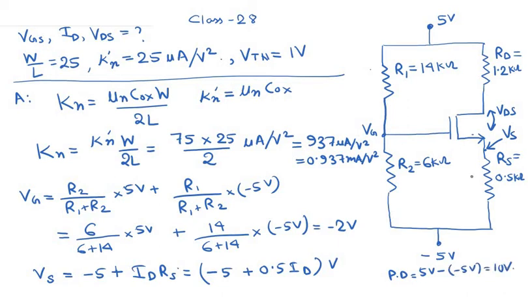So this potential difference of 10 volts minus the voltage drop across this resistor Rd minus the potential drop across this resistor Rs.